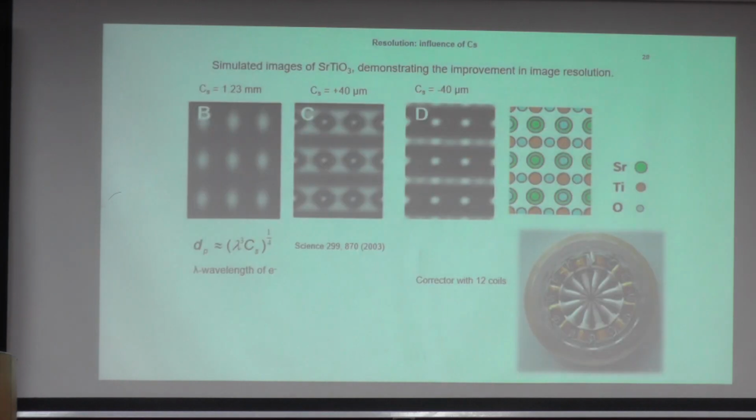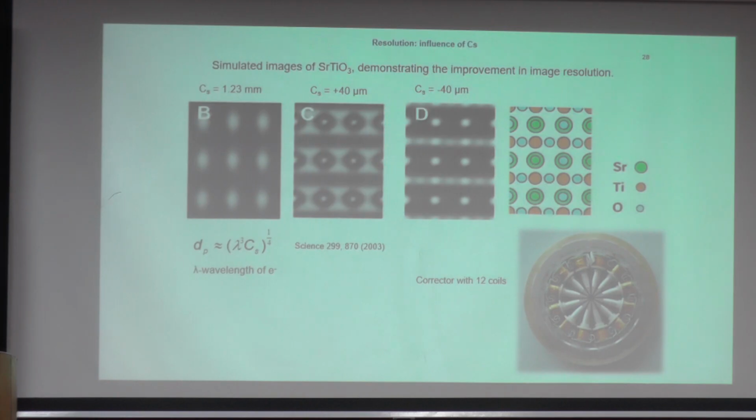So we need a special part in the system, called a corrector. Here you see the corrector, which has additional coils, and by these different coils you can calculate the aberration of your system, of your beam, then you can adjust this and correct the CS.